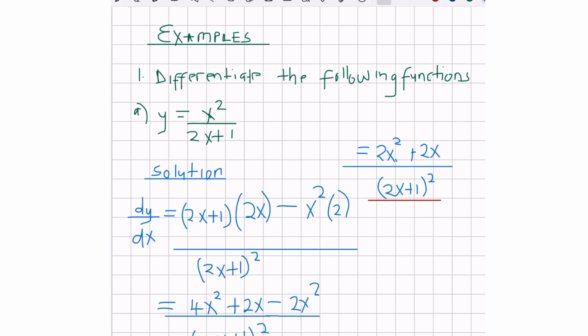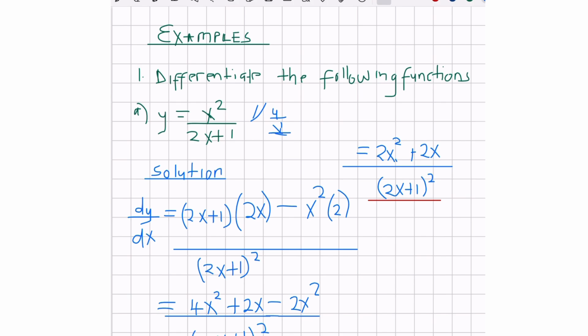When differentiating this function, on our formula, any function of the form u over v, and x squared over 2x plus 1 is in the form u over v, you keep your denominator v as a constant and square it.